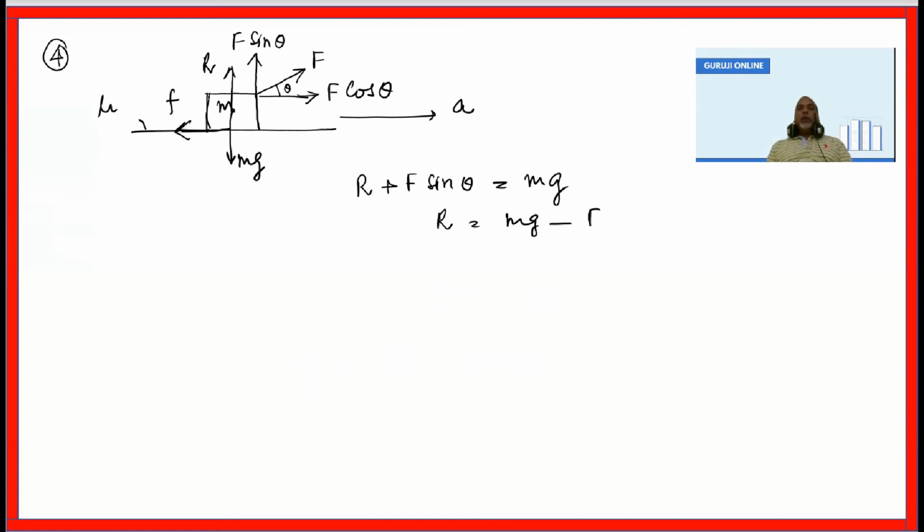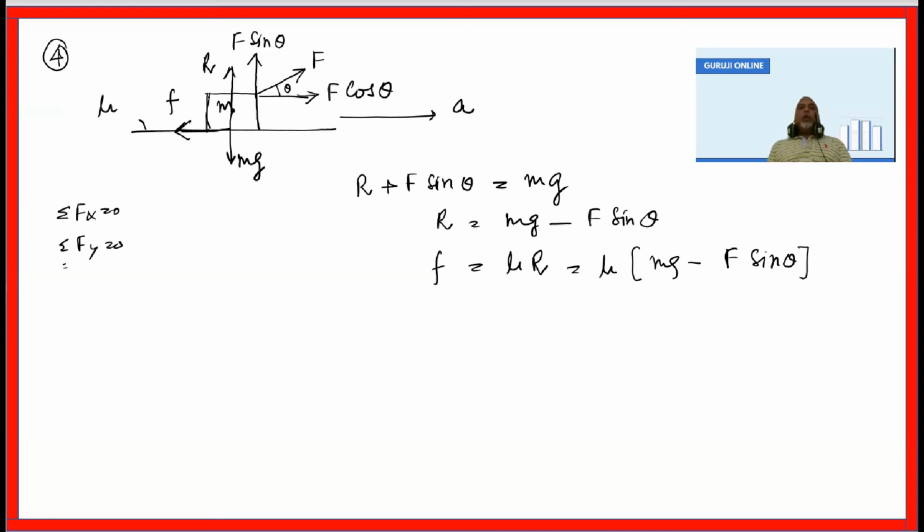correct? So R is nothing but mg minus F sin theta. Your frictional force will be mu R, and that will be equal to mu into mg minus F sin theta, correct? And let us now resolve horizontally. Then what will happen?